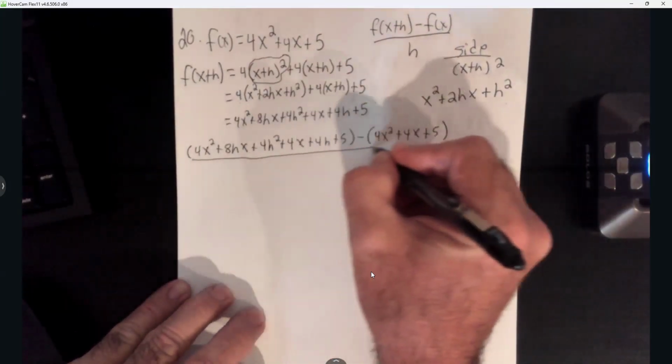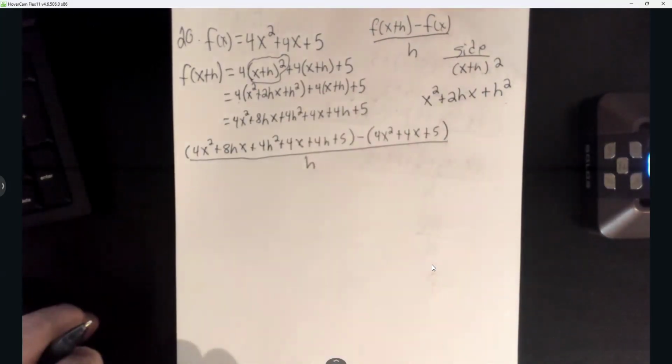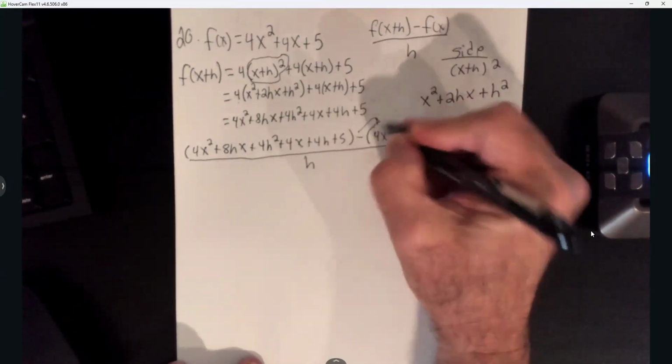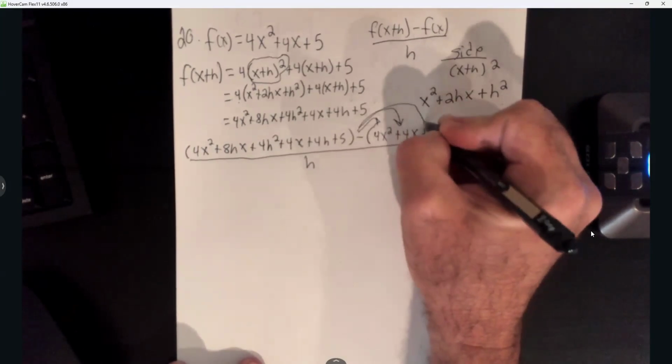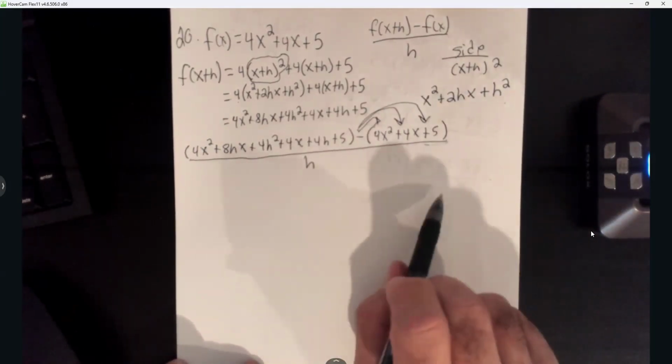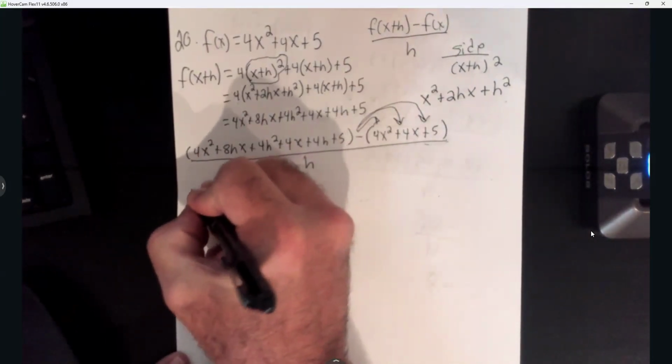All of that is over h. So y'all, let me do like I did a while ago. I'm going to distribute that negative. So that negative is going to make all these positives into negatives, okay? So dropping the first parentheses, nothing changes.